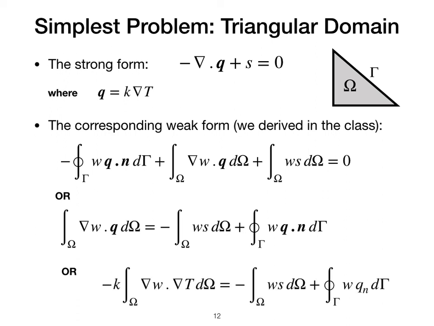Or we can write it as k times gradient of w dot gradient of T integrated over the whole domain omega equal to minus w times s integrated over domain omega plus w q_n integrated over the whole boundary.